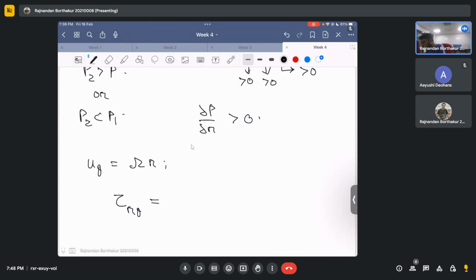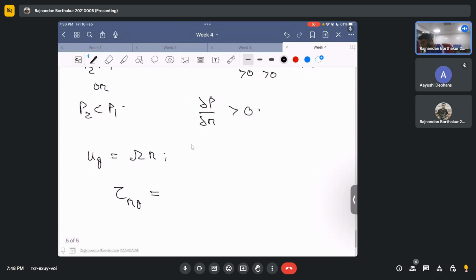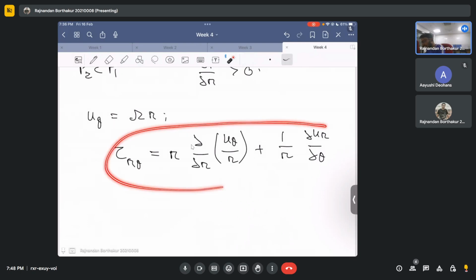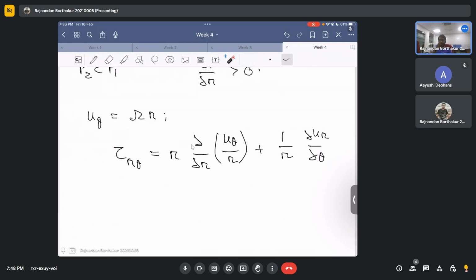In cylindrical coordinates, the viscous stress is basically given by, so I'll just lay down the formula, r times del r of u theta by r plus 1 by r times del ur by del theta. So this is the expression for the viscous stress in the r theta plane.